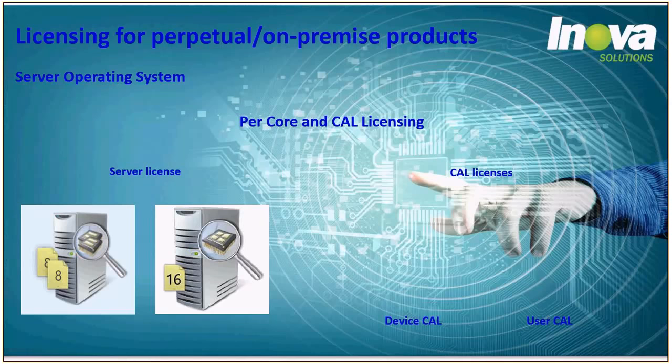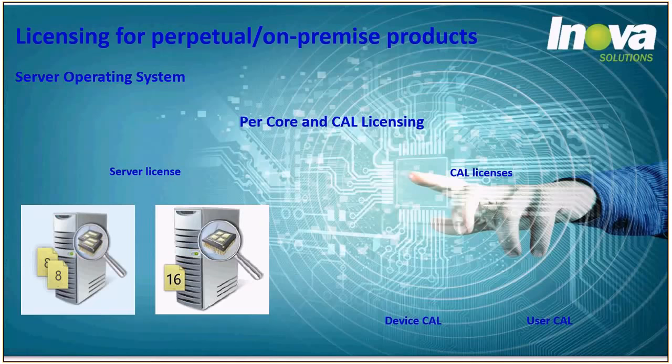Let's take it a little further. Let's just say you have 4 processors with 4 cores each. Then you need to purchase a minimum of 8 cores per processor. So you need now to purchase 32 core licenses. And this is the new way of licensing servers with Windows Server 2016.